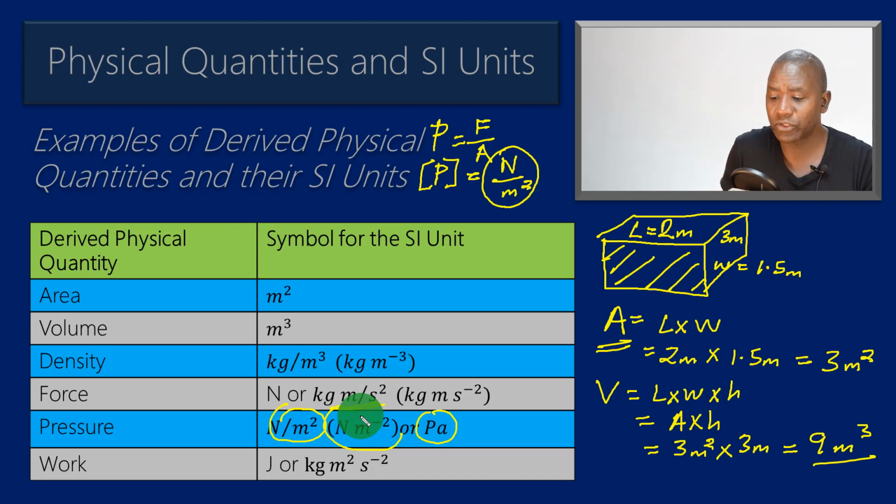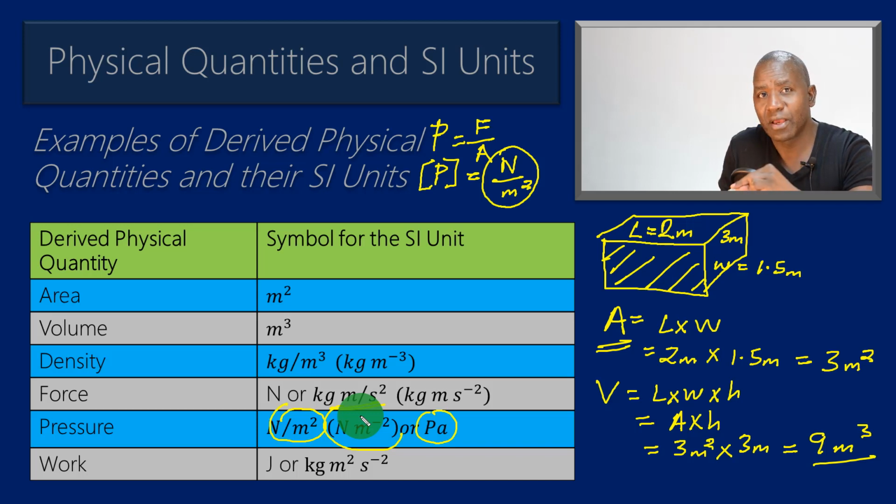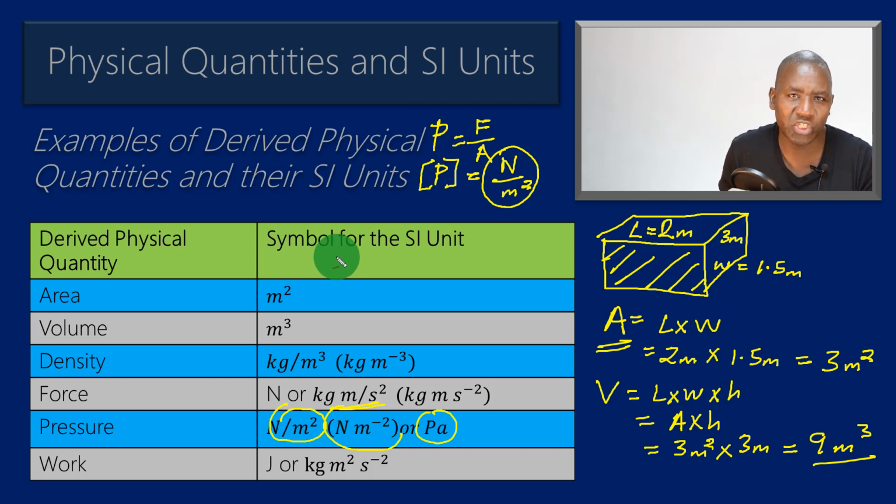In this particular lesson, I just wanted you to understand one thing, that we've got a derived physical quantity, and therefore the unit for that derived physical quantity is also derived. And we are able to derive the unit of a derived physical quantity if we know the equation that is associated with the definition of that physical quantity.